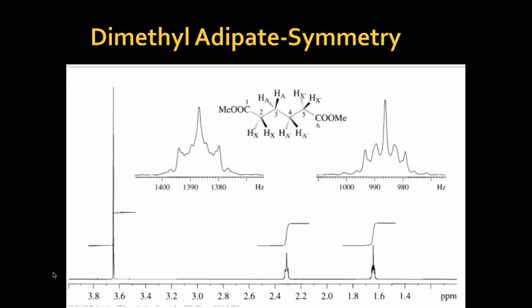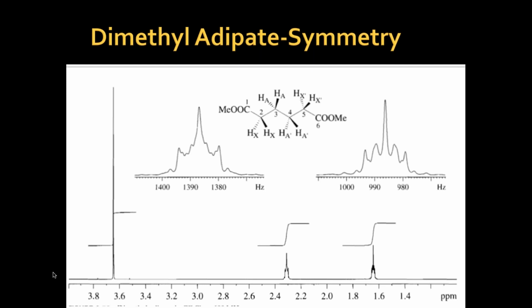I just want to say here that we do have the symmetry here. Because of the symmetry, you will see one set of peaks, but you will not see at different places both the methyls, both the CH2s next to the ester group, the penultimate CH2s, and the one more CH2 present in the center.